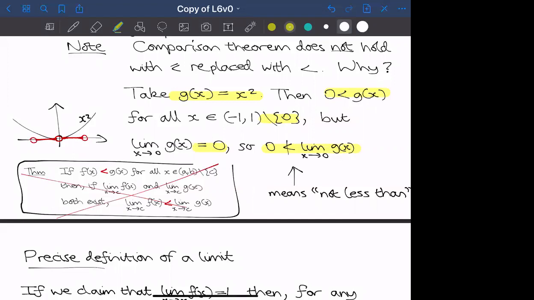So removing the point c and considering the limit at that point is often important. And we'll see more examples of that. This is one, but we'll see other examples. Okay, thank you.